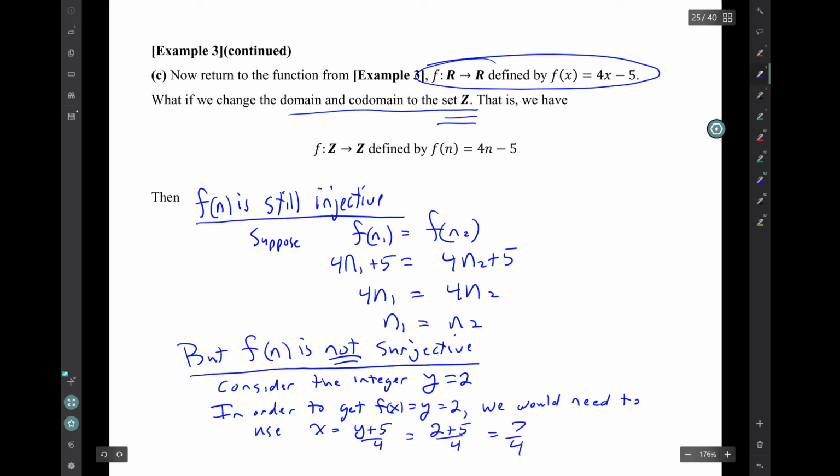We would have to use x equals the number 7/4, but that is not an integer. So there is no integer x or n or whatever you want to call it. There is no integer such that f of n equals y equals 2.